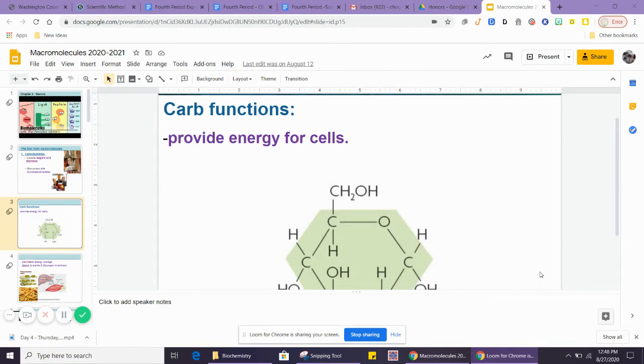And then they go through an additional processing called respiration or cellular respiration. And then that transforms the glucose into a usable form that we can use in our bodies to keep us alive. And that form is called ATP. And we'll talk more about that process of respiration when we get to our energy unit.